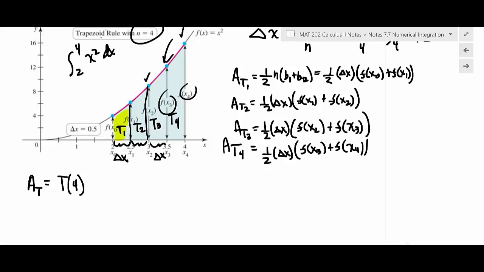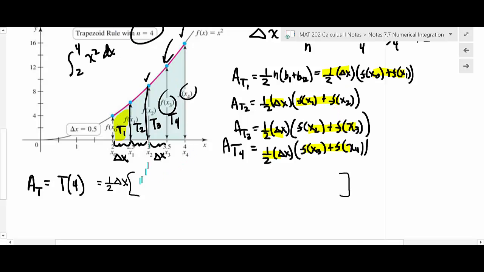First of all, we're going to add all those things up, right? Isn't 1/2 delta x a common factor? Yeah, it's a common factor. So I'm going to pull that out and have you write that as 1/2 delta x. Then we're going to have a big bracket, and inside this bracket you're going to have all of this stuff right here.